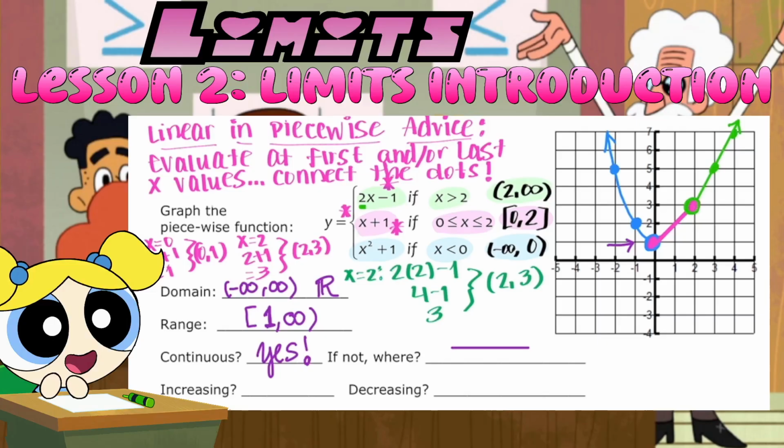Where is this increasing? Okay, so increasing, what can we look at? Well, let's highlight in yellow everywhere from left to right that it's going up. I would say there and there. Now, AP seems like they want to use the definition that we include the endpoints, but they still accept the answer where we don't. And I find including the first or last point is, sorry, College Board, pretty dumb.